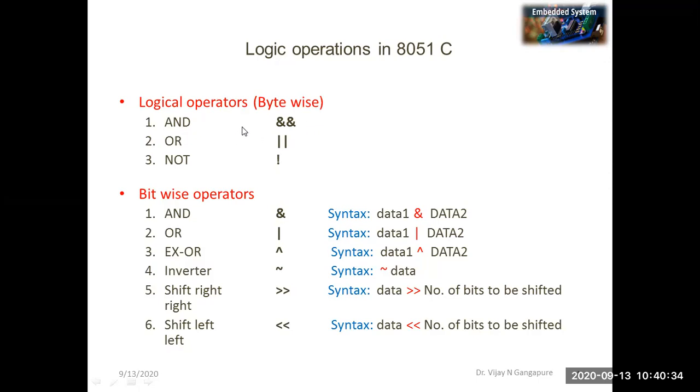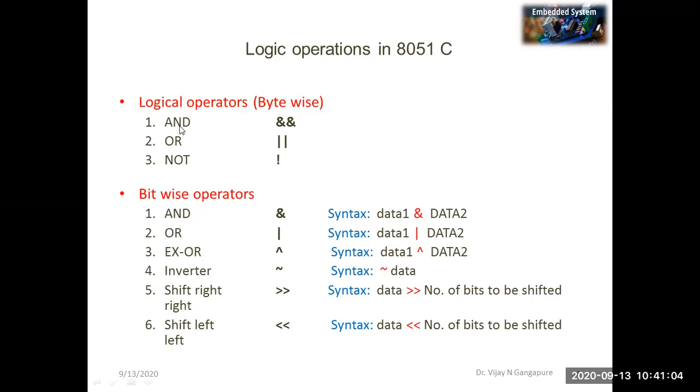A byte of data we can categorize as logic 0 or logic 1, or true or false. If that data is non-zero, it represents true, that is 1, and if that data is 0, that represents false. According to that, these byte-wise logical operators produce a result of either true or false.